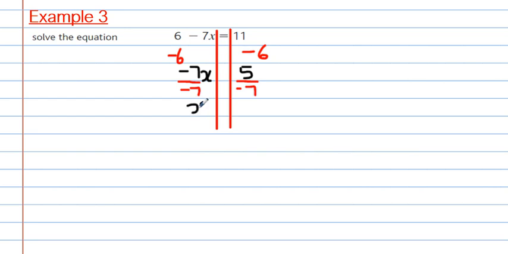So x will be minus 5 over 7. And here, we've solved the equation again. If you put in minus 5 over 7 into your first equation, it should give you 11. Let's move on to another example.